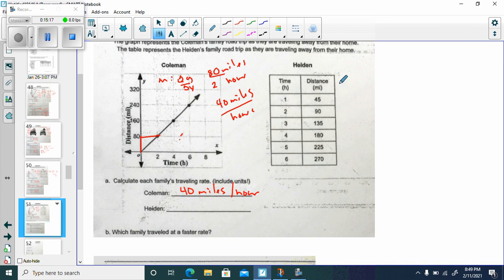How about the Hayden family? Again, our rate of change is change in y over change in x. The difference in my y values, 90 minus 45, and see how 90 corresponds to the 2? 2 minus 1. 90 minus 45 is 45, 2 minus 1 is 1, and this is miles per hour, so that is 45 miles per hour.